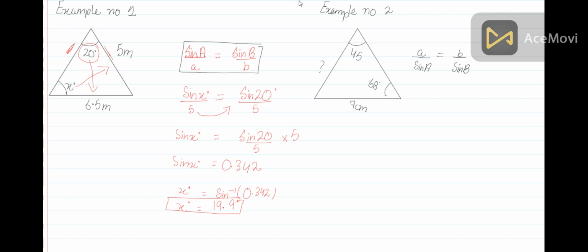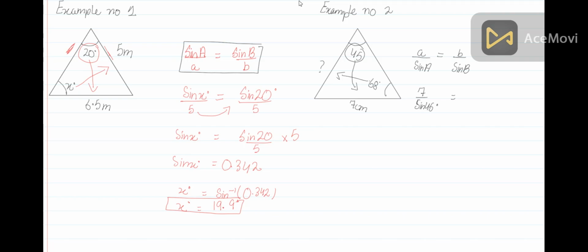So side a, if this angle is 45, the opposite of this angle is given to you. Sorry, the opposite side of this angle is given to you. So the length is 7 upon sine 45 is equal to, you have to find out this question mark.